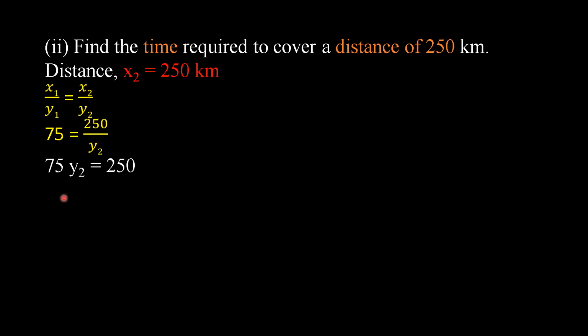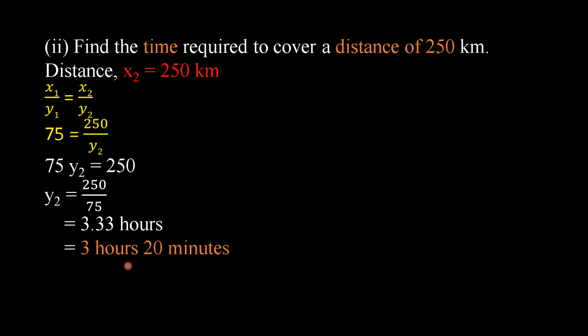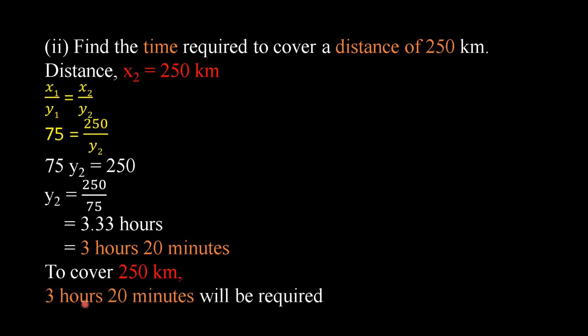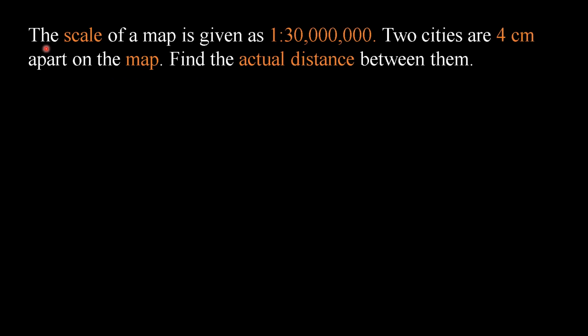So it becomes 75 y2 equals 250. That is, y2 will be 250 divided by 75. It will be 3.33 hours, that is 3 hours 20 minutes. So to cover 250 kilometers, 3 hours 20 minutes will be required.